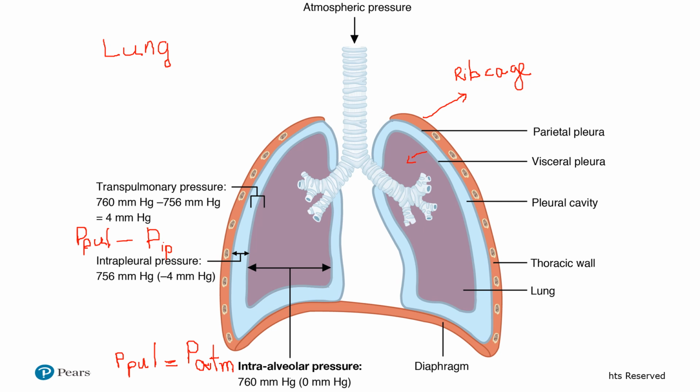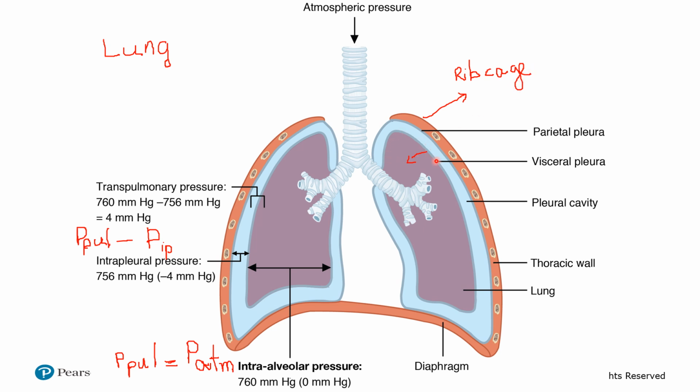But there are two forces acting on the lung, and they want the lung to move inside. And the other is the surface tension, which is because of the fluid which is lining the alveoli. So these two forces balance each other. The inward pull of the lung due to the elasticity and the surface tension wants to pull the lung inside, and then the rib cage, because its recoil is on the outside, wants to pull it to the outside.